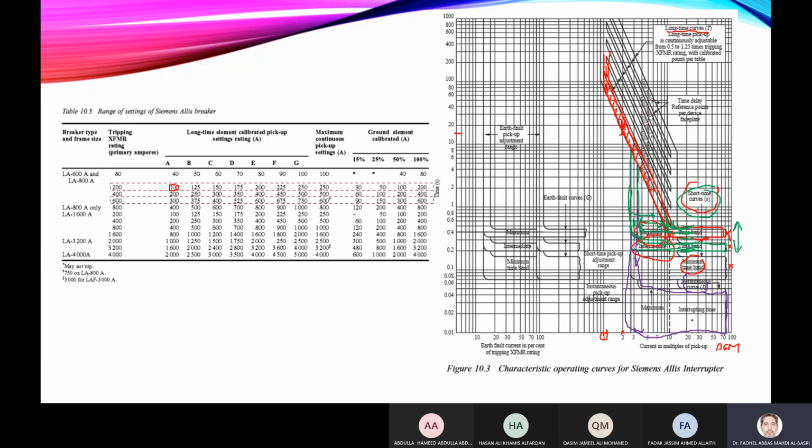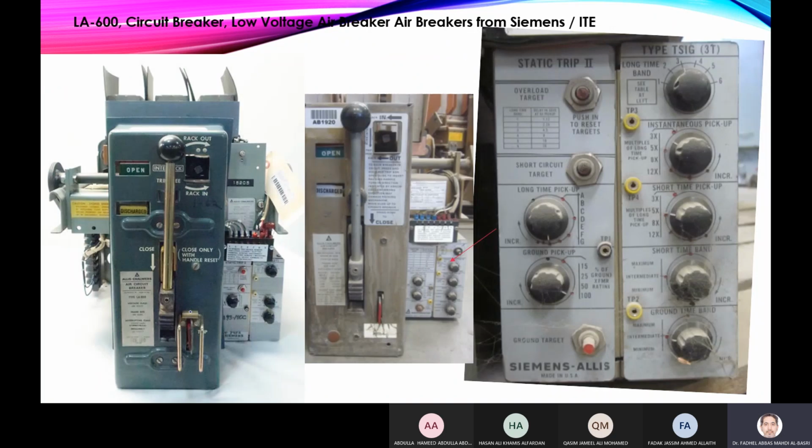This is the instantaneous element. I can also change the instantaneous element from this pickup value, but I cannot change the time because this is instantaneous. I can change it from here up to a level for the instantaneous.